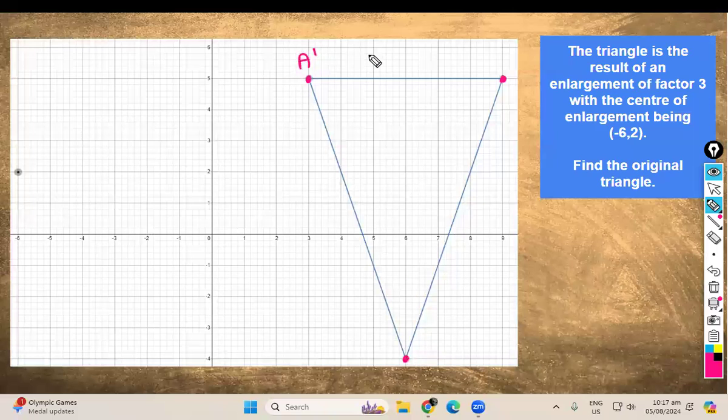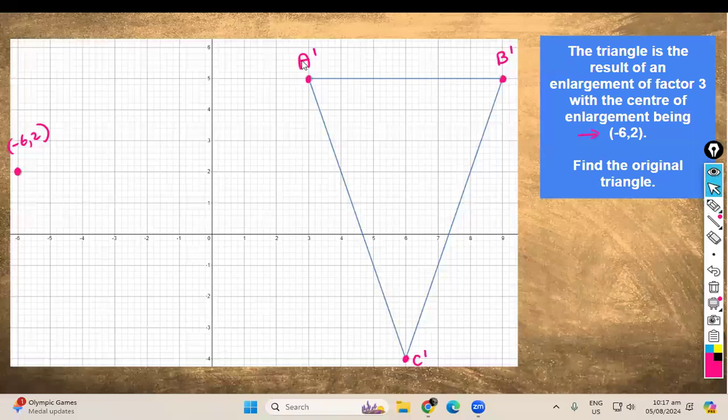I'm going to call the points A prime, B prime, and C prime. The center of enlargement is (-6, 2), so that's over here. They want us to backtrack to the original triangle, which is obviously 3 times smaller. So it's the same concept.